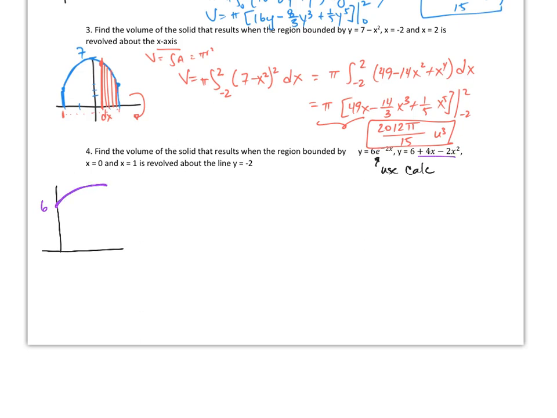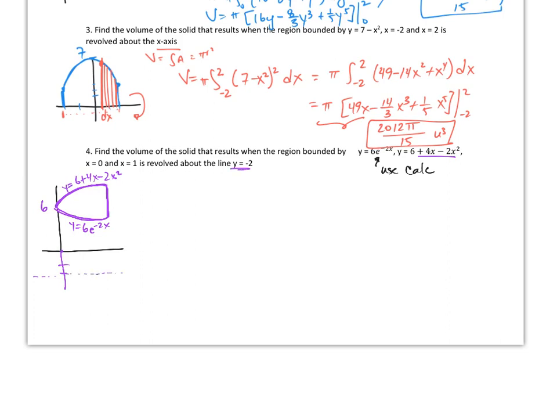I use my calculator to help me graph this, and this being the bottom right here. So this is y equals 6e to the negative 2x. This is y equals 6 plus 4x minus 2x squared. If you do this on your calculator, make sure you play with your window a little bit to get these bounds in there. And we are going to rotate it about down here, the line y equals negative 2.